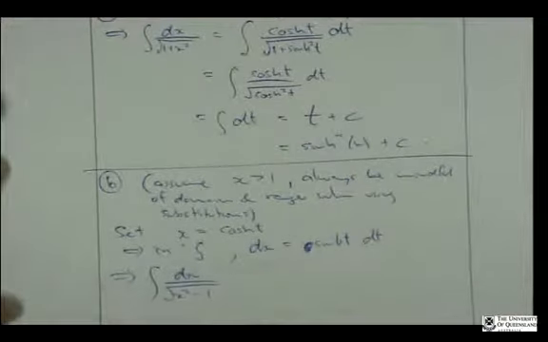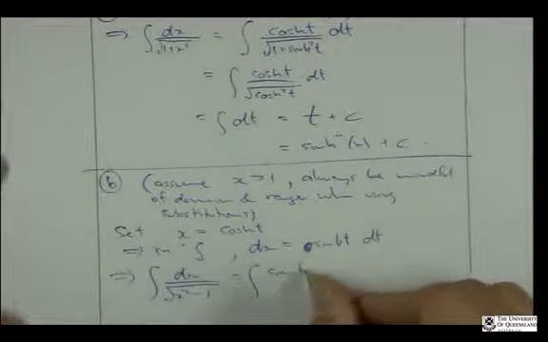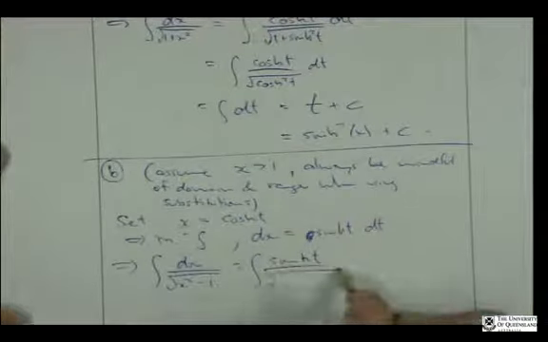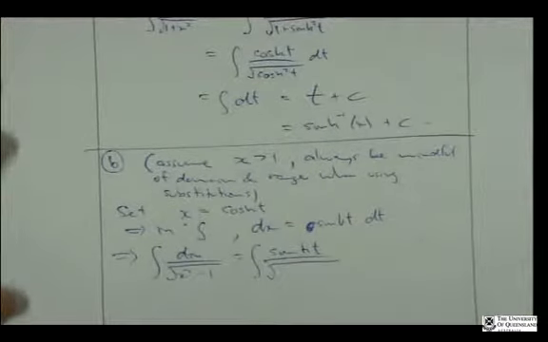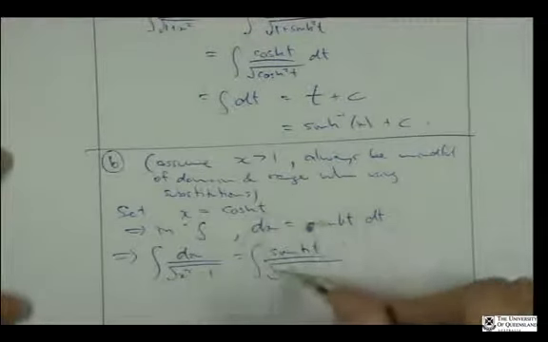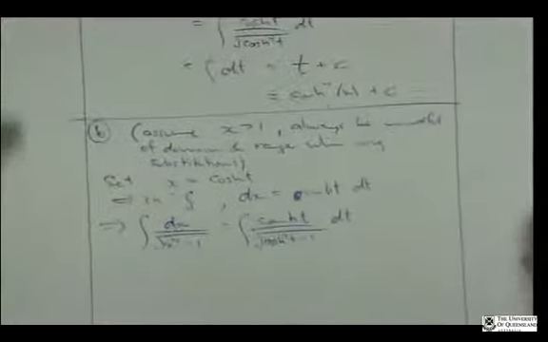So that implies that the integral that we have of 1 over the square root of x squared minus 1 is, just making all the substitutions, we'll have sinh t divided by the square root of cosh squared t minus 1 dt.